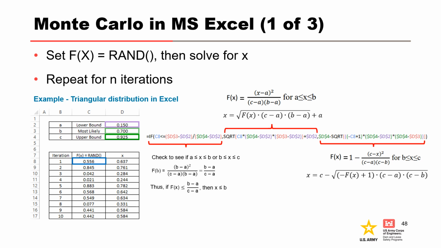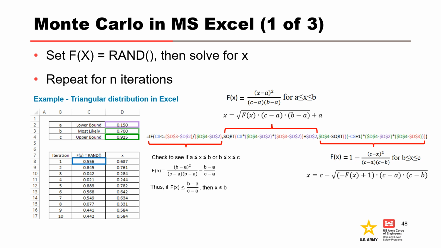Because the CDF equation for a triangular distribution is different on either side of the mode, we will need an if statement. In the first part of the if statement, we will check to see if the x is between a and b, the lower bound and the most likely value, or if it's between b and c, the most likely value and the maximum value. Once we figure out which side our x will be, we pick the proper equation and solve for x.